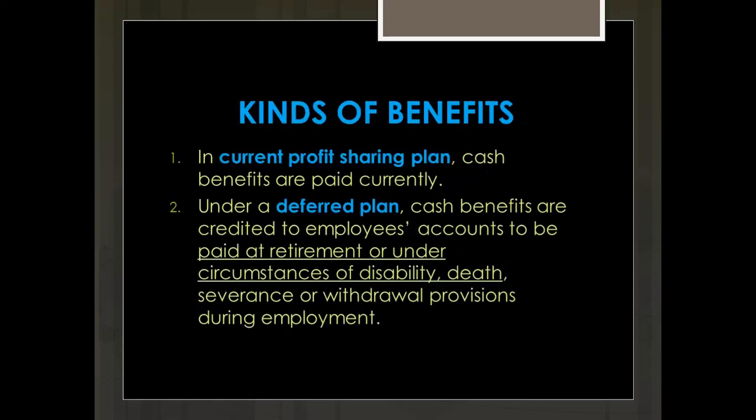Okay, so yun, yung mga employee benefits. So, kinds of benefits, we have the current profit sharing plan, and there are cash benefits. And cash benefits in the current profit sharing plan are paid currently. So, cash benefits are paid currently.